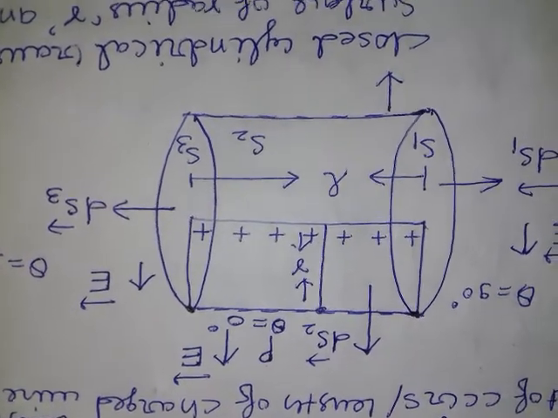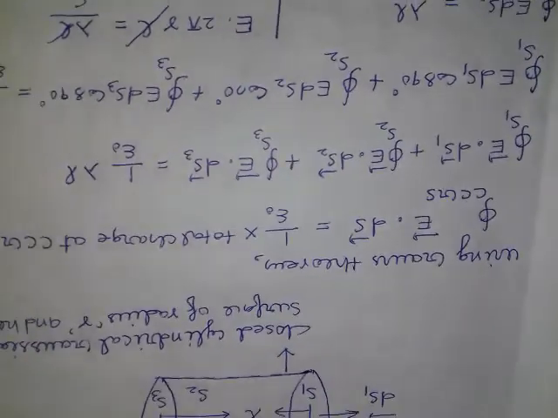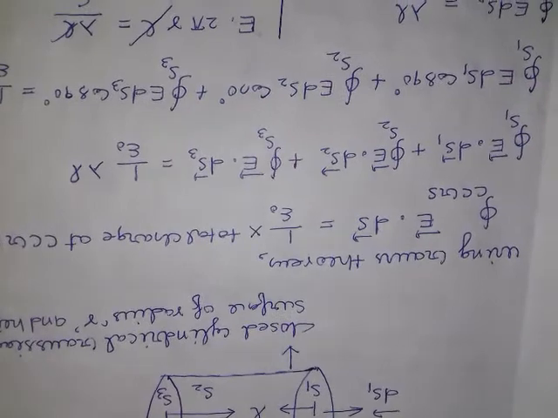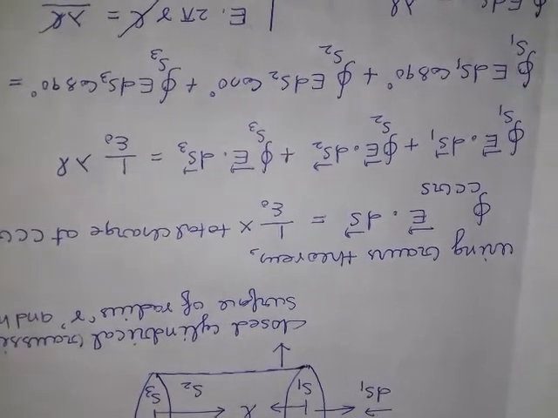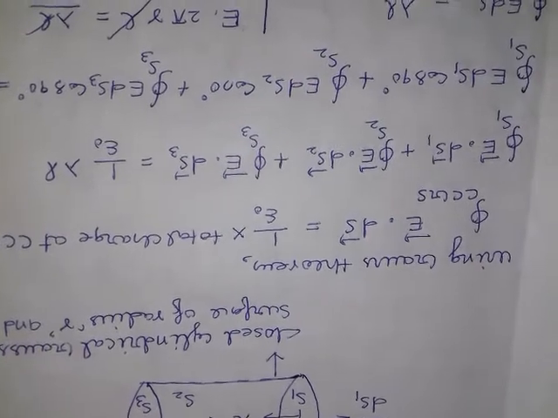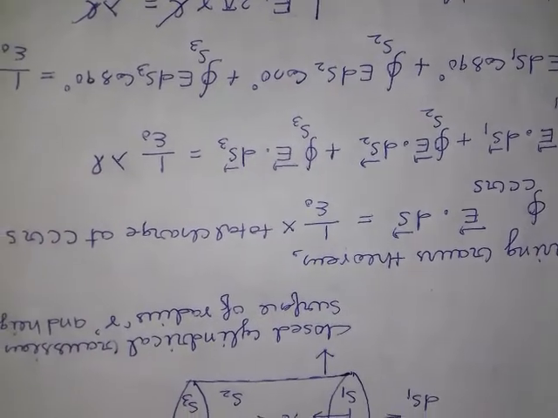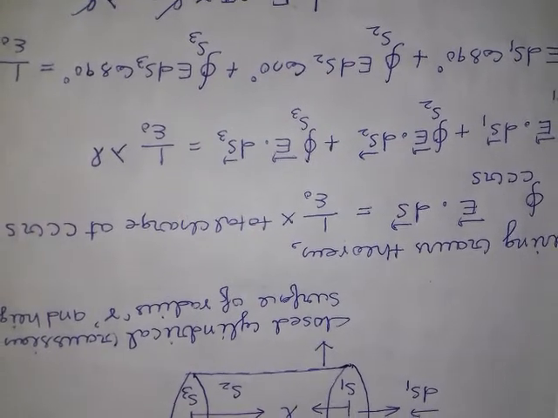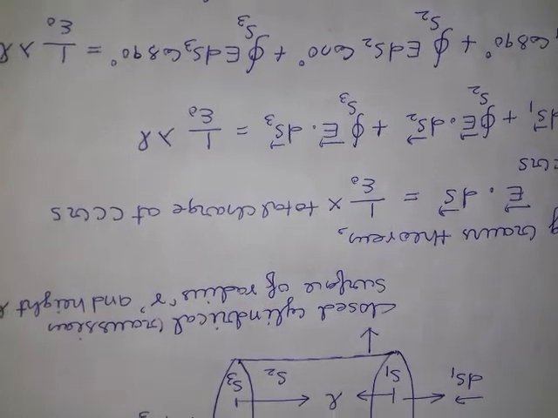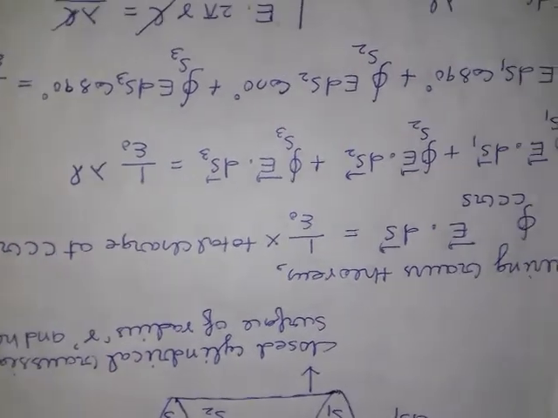Okay, the diagram is clear. Now we will use Gauss theorem. Gauss theorem states that the integration over the closed cylindrical Gaussian surface, in short CCGS, of E dot dS is equal to 1 upon epsilon naught into the total charge enclosed in the CCGS.